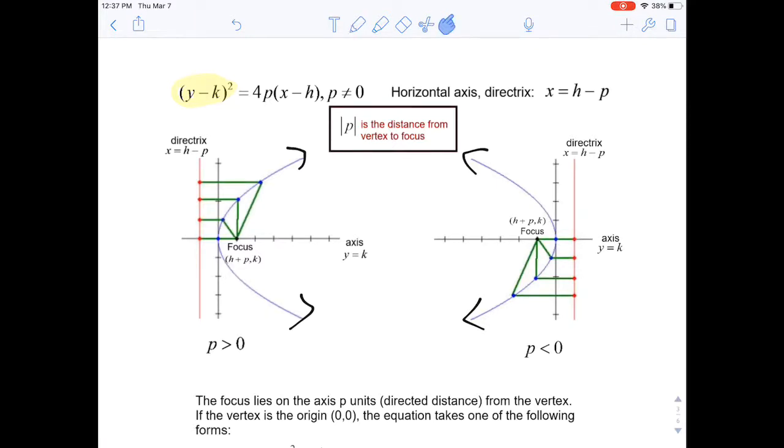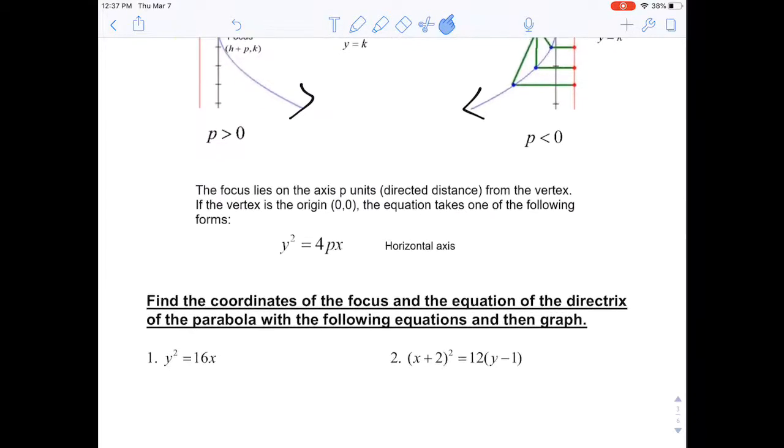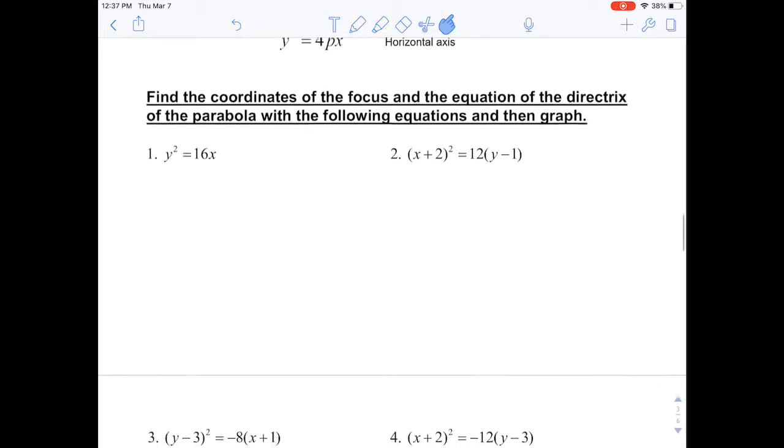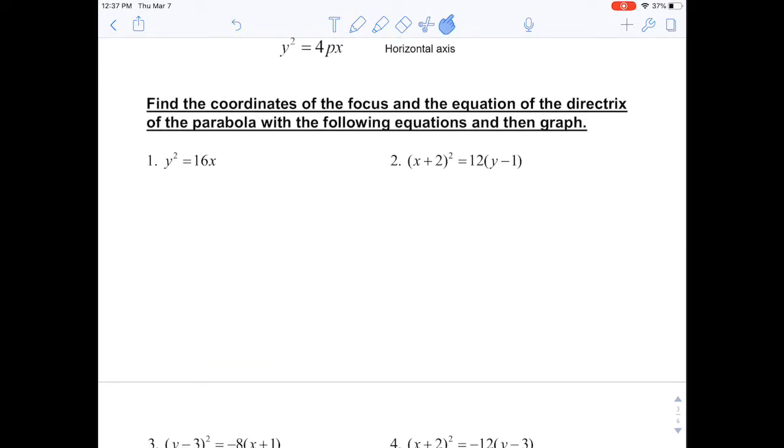Okay, so how do we do these problems? We're going down here, and the first thing you have to decide is, what type of parabola is it? So I see that the y is squared. So that tells me that we're going left or right. Now, how do we know if we're going left or right?